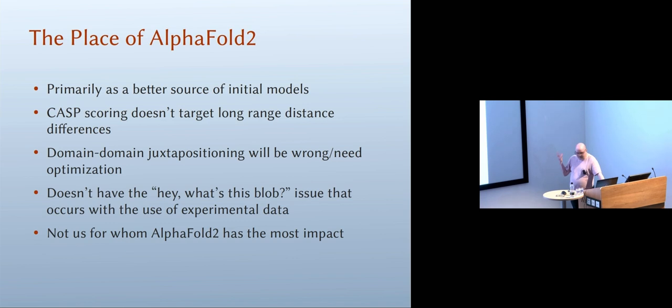Additionally, if you only go in with the sequence, there's no "hey, what's this blob? What's this strange thing? I can't identify it." That issue occurs when you get experimental data that looks funny. There's none of that in AlphaFold 2 models, and there is routinely in experimental data: what is that strange thing that I'm looking at? It's not us who will be most influenced by AlphaFold 2.